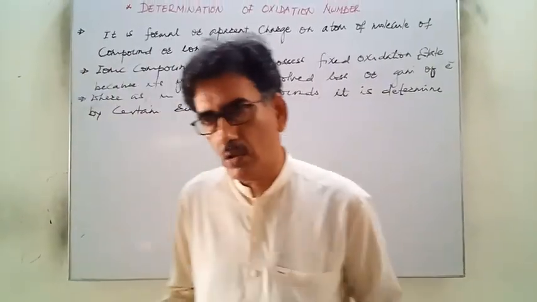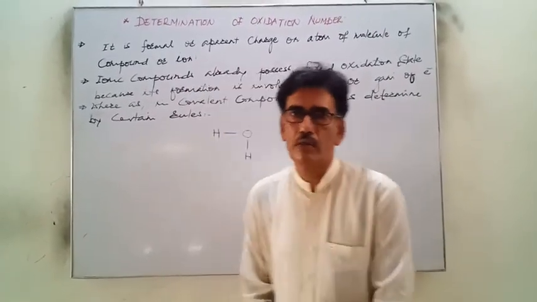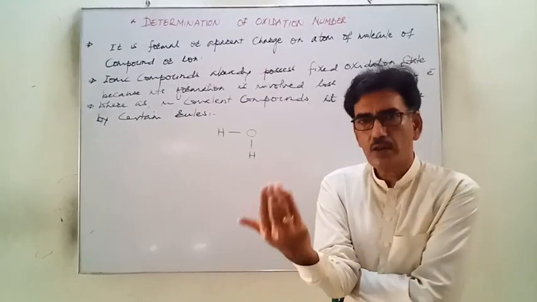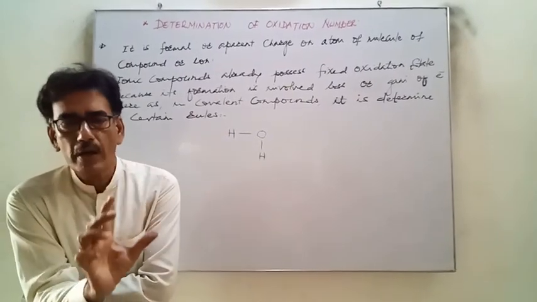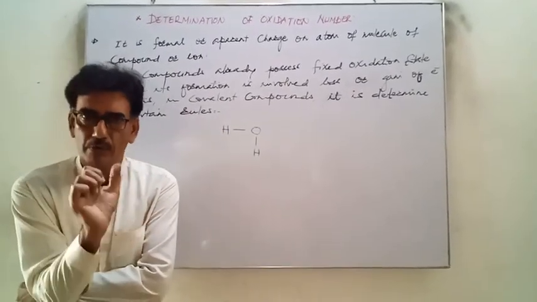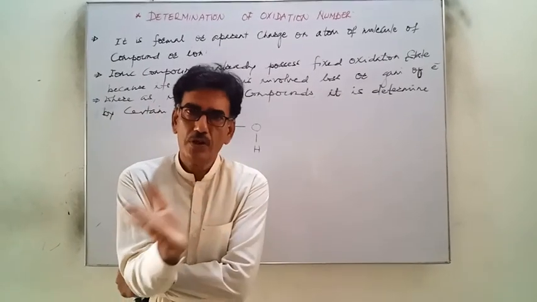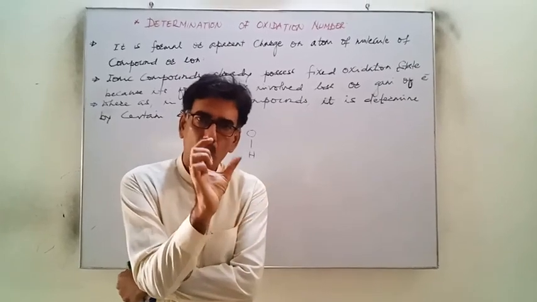Now I want to describe certain words which differentiate the terms valency and oxidation state. In valency, we just mention the combining capacity of the element, meaning how much ability an atom of any element has to link with another one.